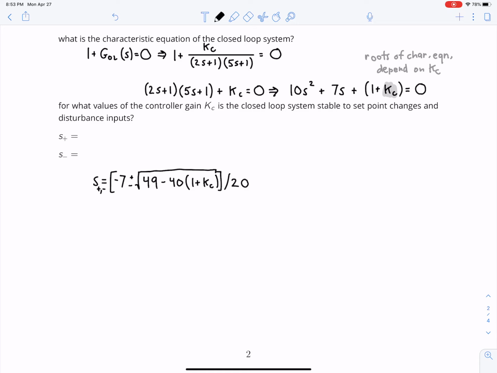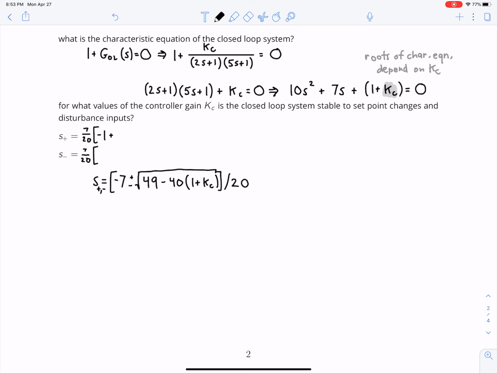Okay, and I see this is a nice problem because there's an analytical solution. That's why I chose this problem. So you see a 7 and a 49 there. To get some insights, let's factor out that 49. And then what we'll get is 7 over 20. This is the plus root. The minus root also has that 7 over 20 term. And then we have a 1 here, a minus 1. In the plus term, we take the plus.